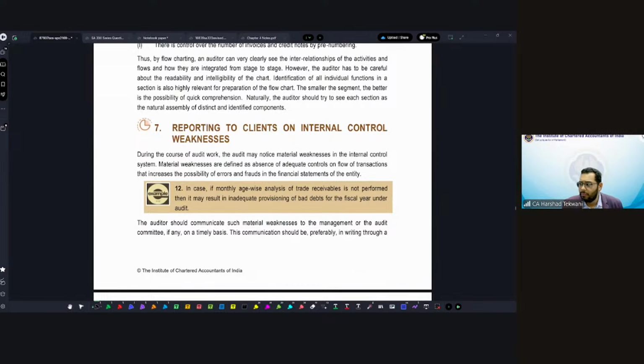Now, what are these frameworks? Can anyone tell me what are the frameworks of internal control? Can anyone explain?